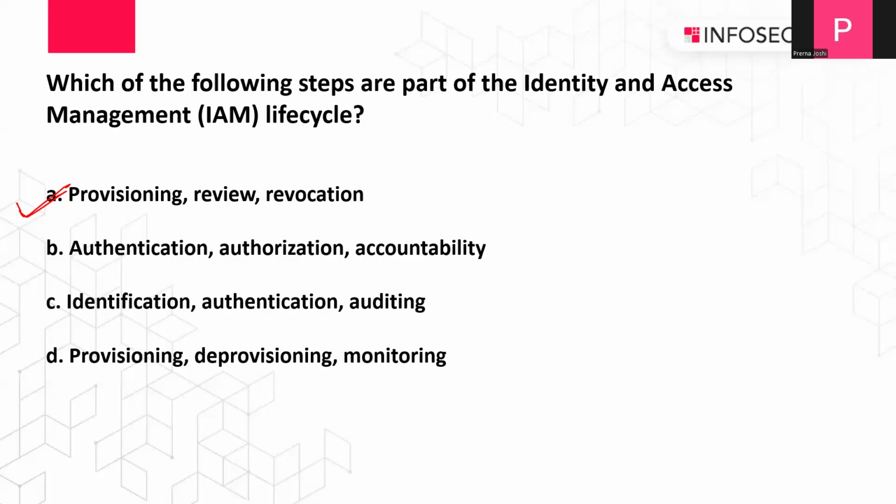Revocation is the process of removing access, rights, and privileges from users. So terminate the user account, and revoke access to applications, systems, and resources. All these things happen here. So the correct answer is option A, provisioning, review, and revocation. Now let's move to the next question.